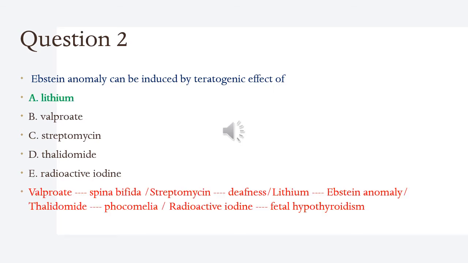So the correct answer here is lithium. Lithium can lead to Ebstein anomaly, streptomycin to deafness, valproate to spina bifida, thalidomide to phocomelia or limb deformities, and radioactive iodine can lead to fetal hypothyroidism.